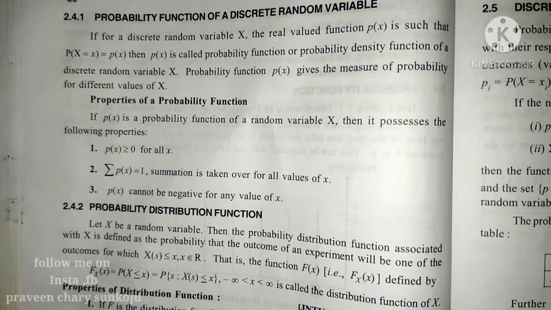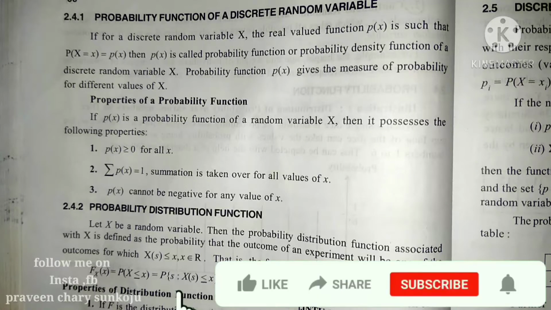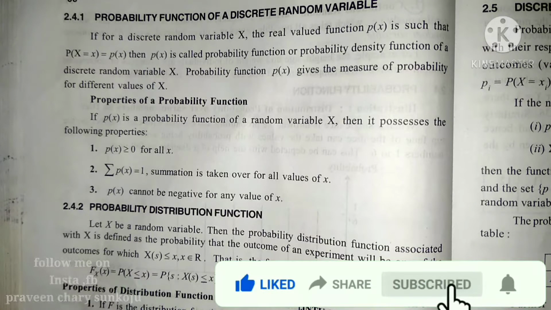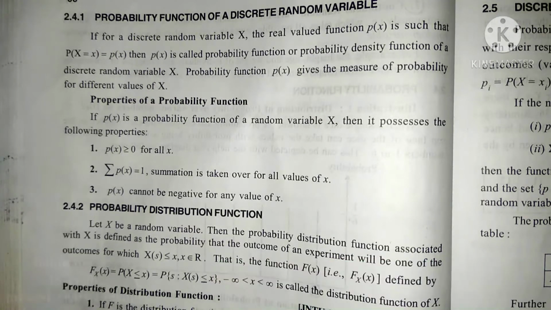The x values are 0, 1, 2, and here we have some properties of a probability function. If p of x is a probability function of a random variable X, then it possesses the following properties.